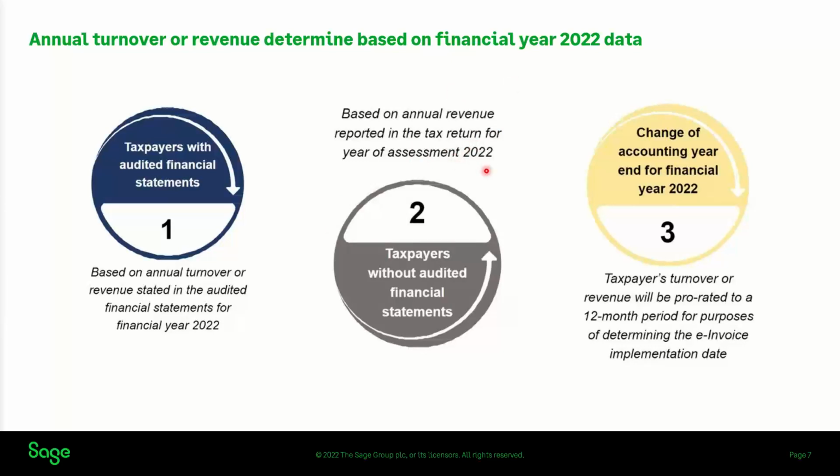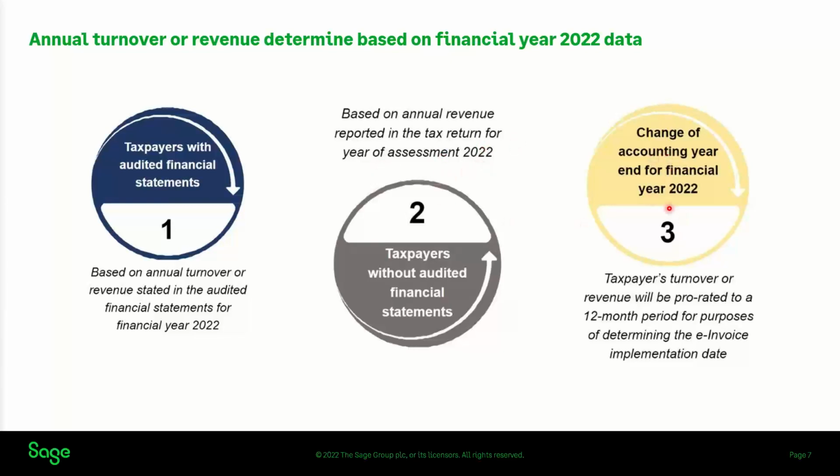Every year, I myself as a taxpayer need to fill in e-filing, which is based on the tax return that we submit to them every year, in the assessment year 2022.